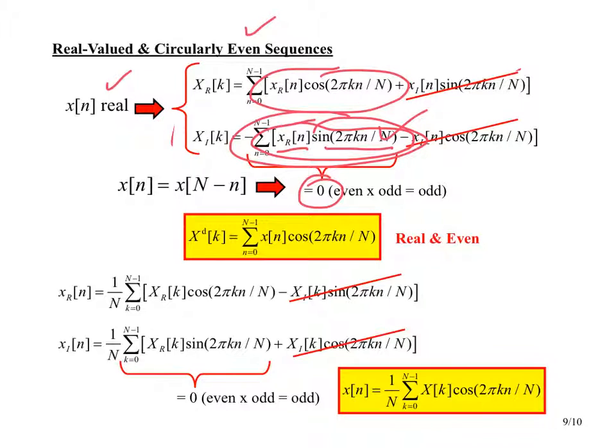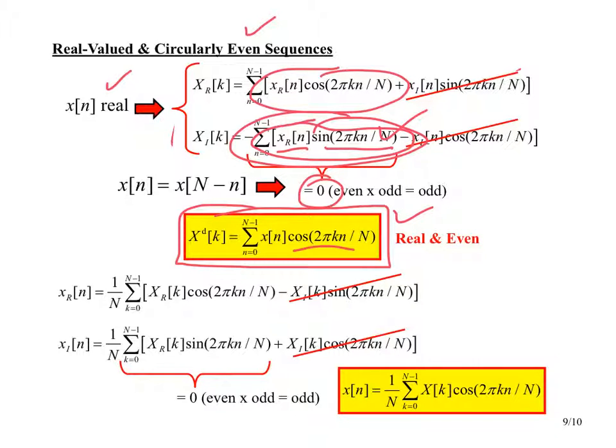So this boils down to this result, which says that for a time signal that is real and circularly even, we can reduce the equation for the DFT to something that looks like this. So we no longer need complex exponentials, we only need a cosine.